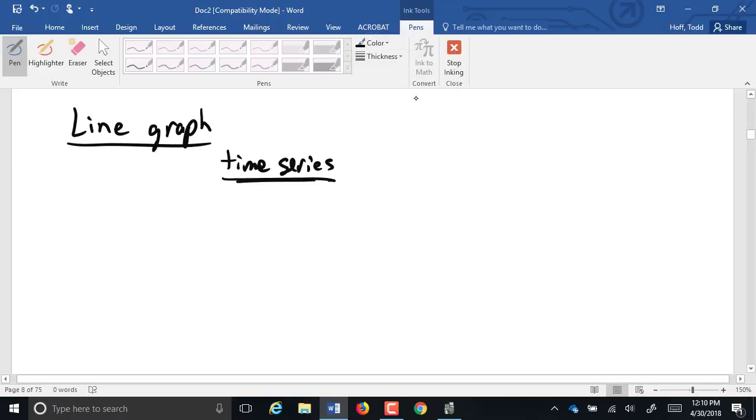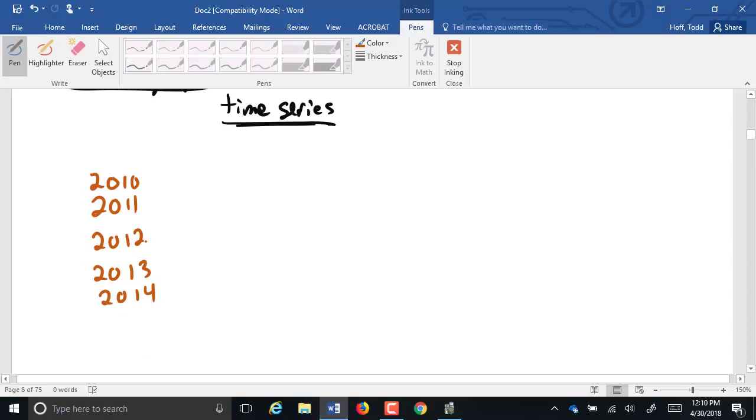For example, we might do cost per credit at WITC. So let's do 2010, 2011, 2012, 2013, 2014. And we'll do 2015. For the year and cost per credit.